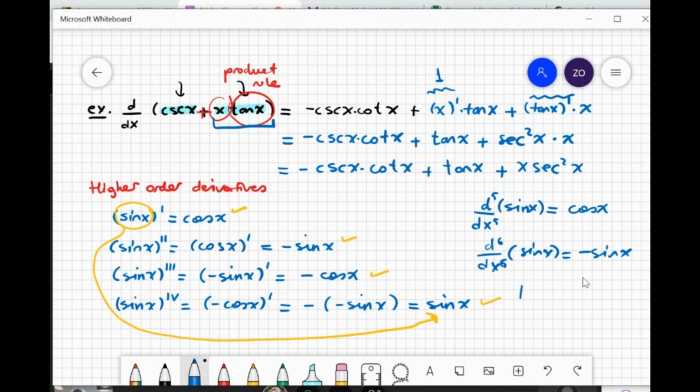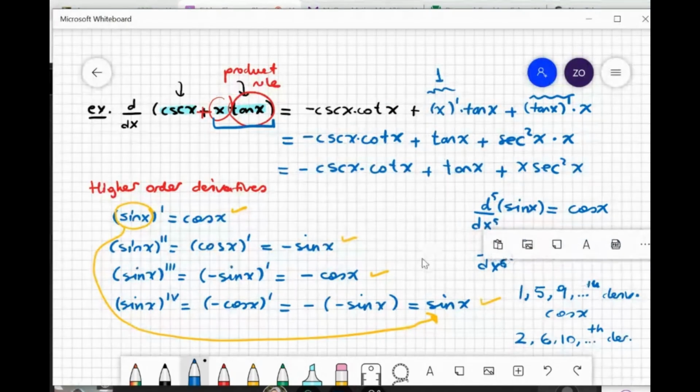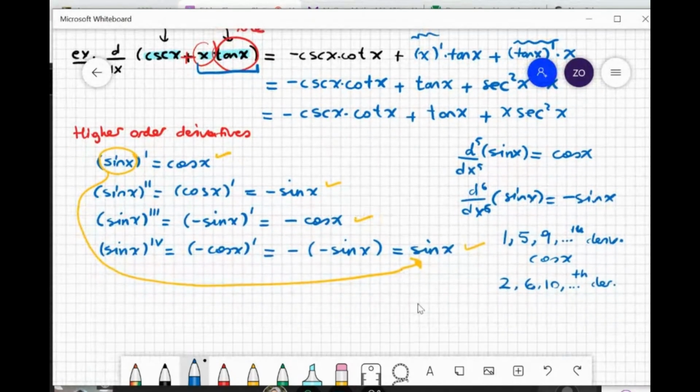So the first derivative, the fifth derivative, add 4, ninth derivative, and so on. All these derivatives will be equal to cosine x. Here we see the second derivative, add 4, sixth derivative, 10th derivative, and so on. So all these derivatives will be equal to negative sine of x.